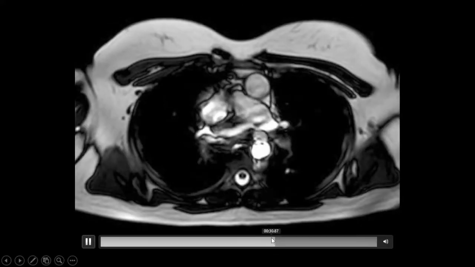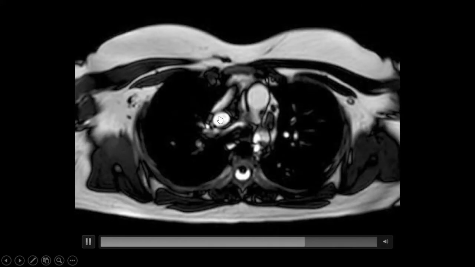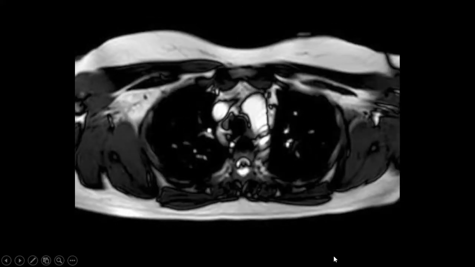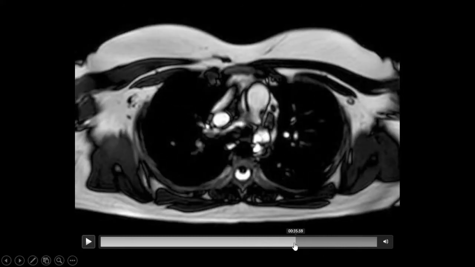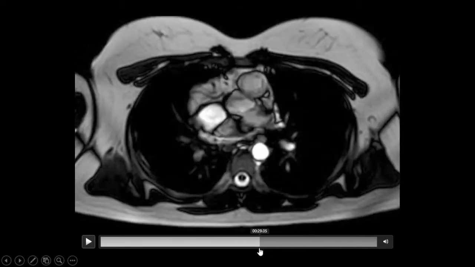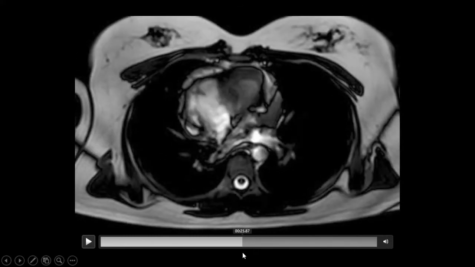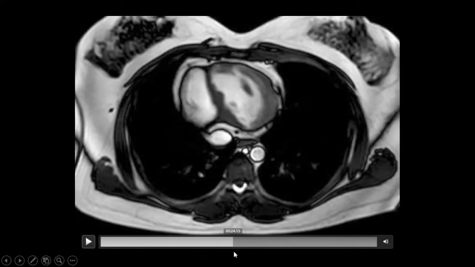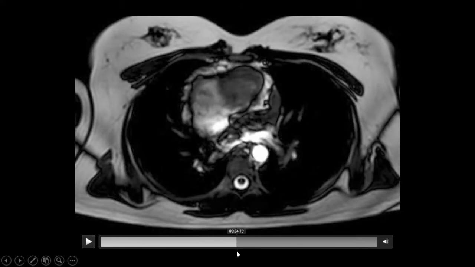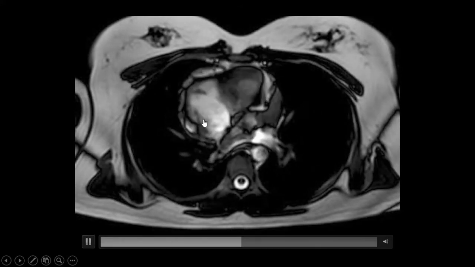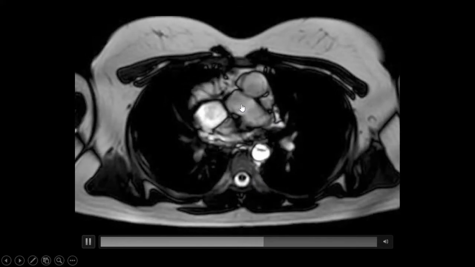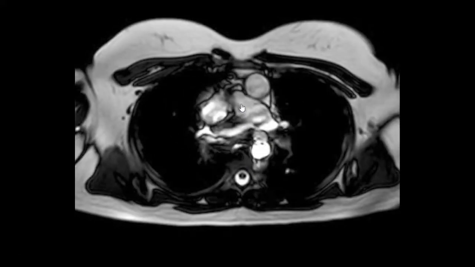See the flow of contrast. We can see that the right superior vena cava drains into the right-sided atrium along with the IVC, which opens into the right-sided left ventricle, which gives rise to the pulmonary artery.